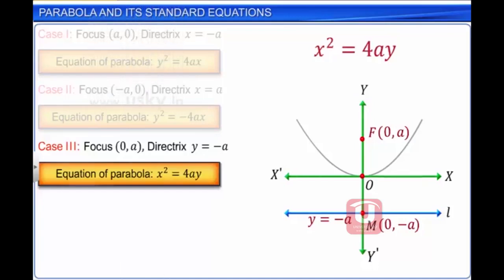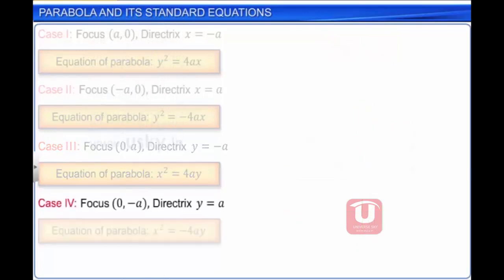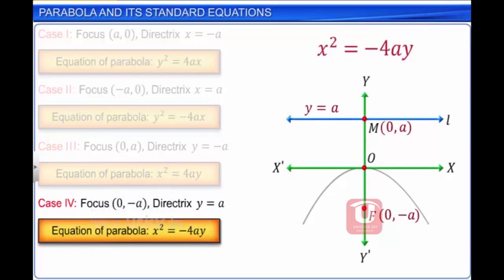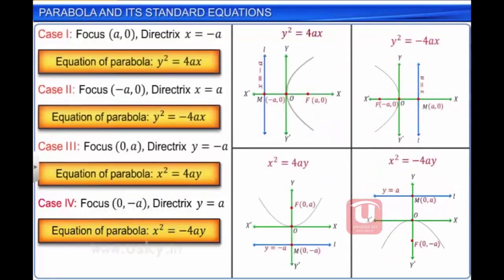And the equation of the parabola with the axis of symmetry along the y-axis, the vertex at origin, the focus at (0, -a), and directrix y is equal to a, is x square is equal to -4ay. These four equations are called the standard equations of a parabola.